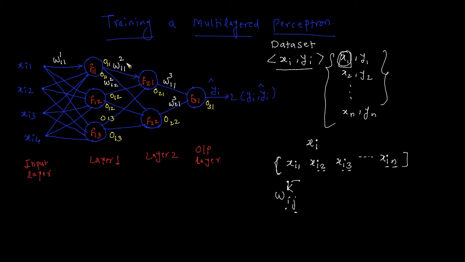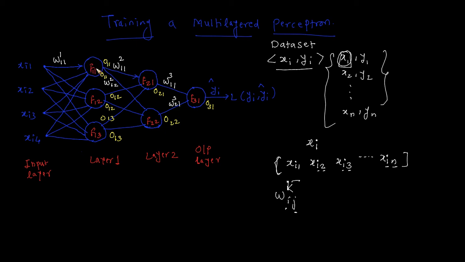For example, W211 means this weight W2 is going to layer number 2 from the first neuron in the previous layer, that is this layer, to the first neuron in the next layer, that is this layer, right? Similarly, here W111 means this is the weight going in layer 1 from the first input or first feature here to the first neuron here, right?